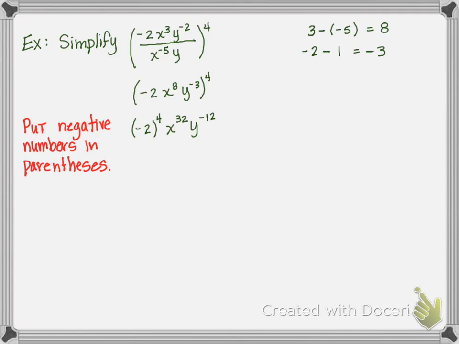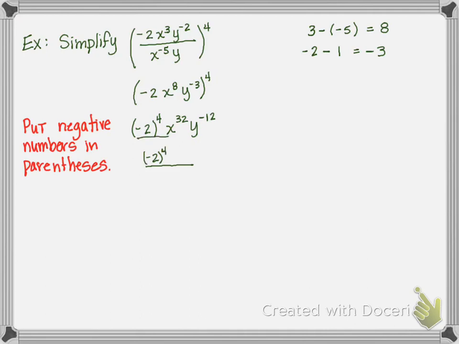And then the last thing we're going to do is take care of my negative exponent. So every time I see a negative exponent, I just draw a fraction bar. And then I'm going to go through factor by factor. Anything that has a negative exponent will move, and anything that does not have a negative exponent will stay where it is. So (-2) to the 4th has a positive exponent, which means it stays in the numerator.